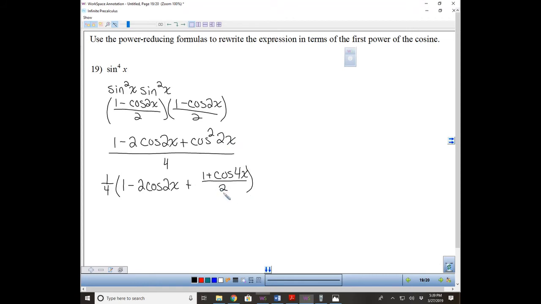I don't like that I have a fraction here, so I'm going to multiply both of these by 2 over 2 so that I can have a common denominator. So I've got minus 4 cosine 2x over 2 plus, and then I'm going to separate this into 1/2 and cosine 4x over 2.